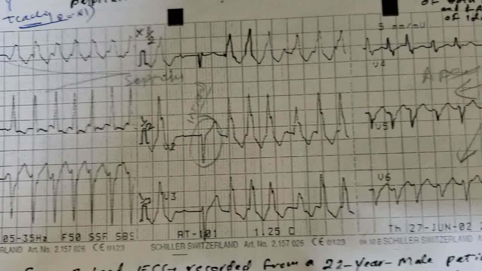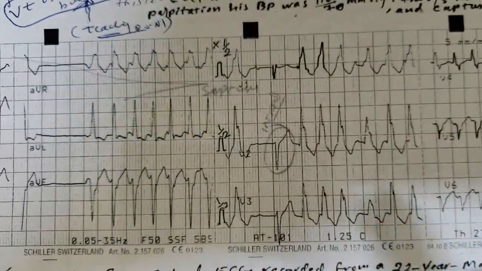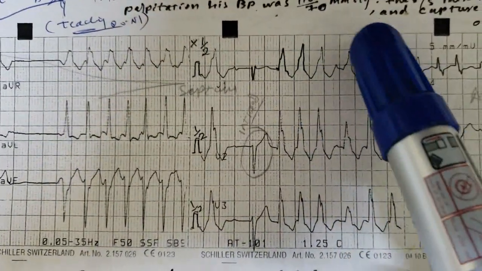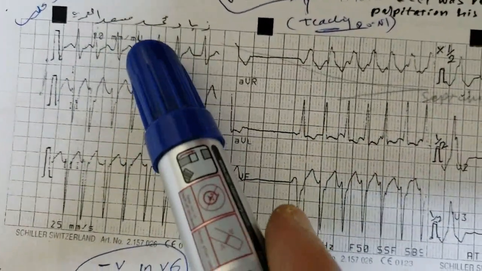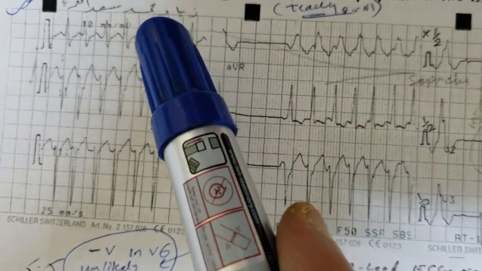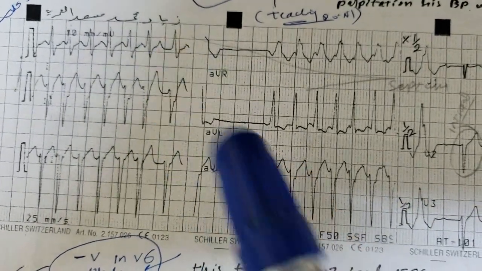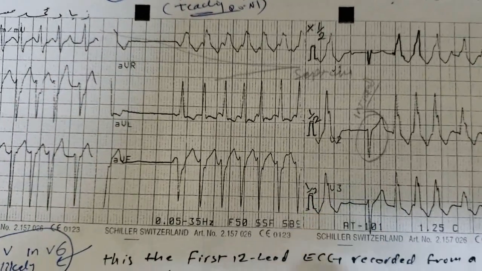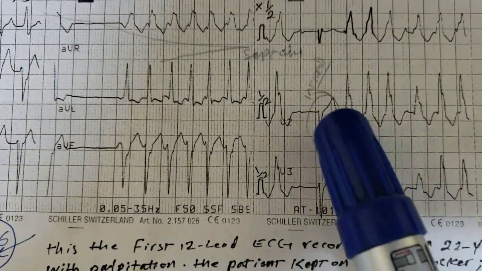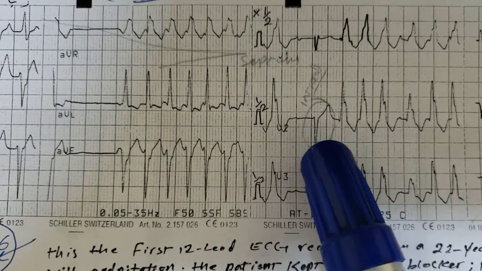It is 140 milliseconds. Here is the presence of right bundle branch block and left axis deviation, because the QRS complex is positive up in lead 1 and negative in aVF. It is characteristic of VTAC and the presence of fusion beat.